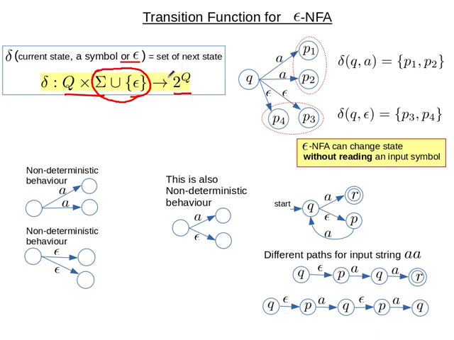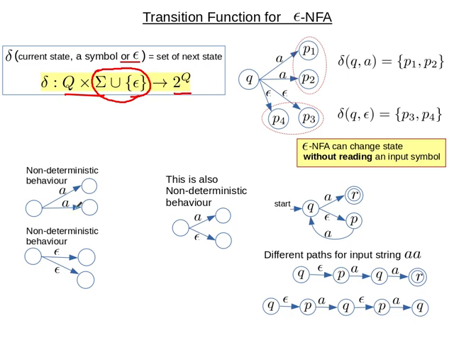Now previously, for NFA without epsilon transition, the non-deterministic behavior came from transitions such that you are in some current state and processing some symbol, and there are multiple possibilities to switch to.